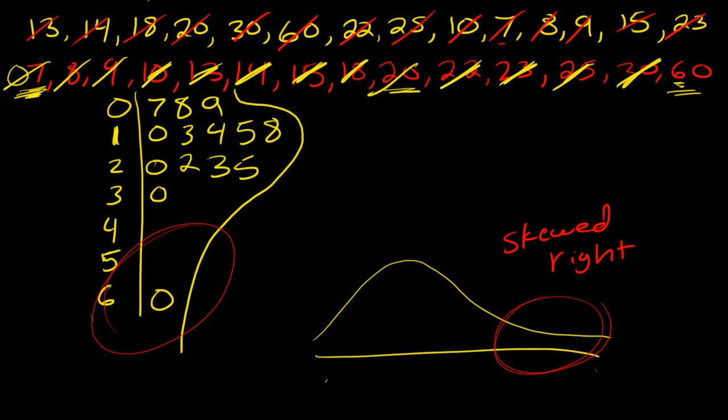All right, so now let's just do one more example. I have data here where all of my data is 4 digits. It goes from 1920 to 1946, and this data is already sorted, so I can skip that first step of sorting the data.